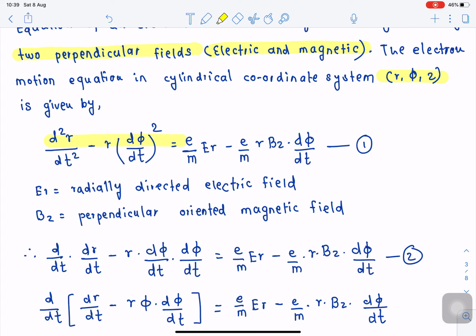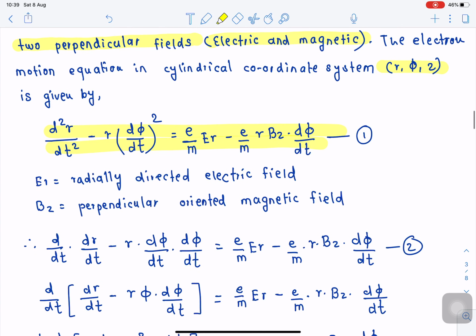this particular equation denotes the equation of motion of the electron when it is simultaneously acted upon by the electric field and magnetic field, which are oriented perpendicular to each other. So equation number 1 gives us the motion of the electron under a perpendicular electric and magnetic field.